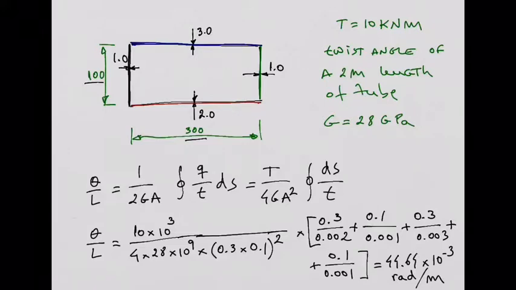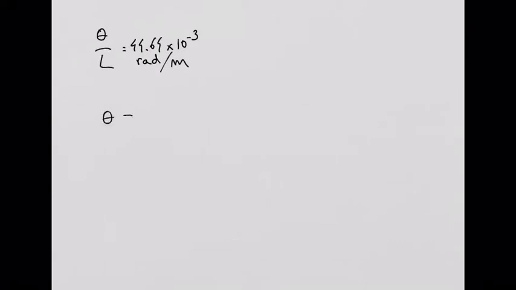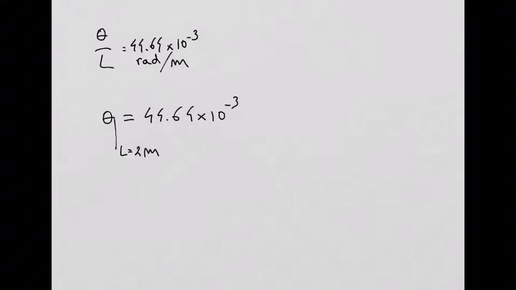Now, did we answer the question or not? No, they want a twist angle. So this is not a twist angle. This is a twist angle per unit length. So if I want the twist angle at a 2 meter length, I need to multiply this. So this is my theta over L. If I want my angle for L equal to 2 meters, I just need to multiply this 44.64 by 2 meters, right?